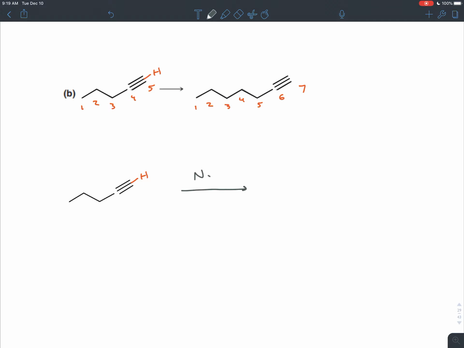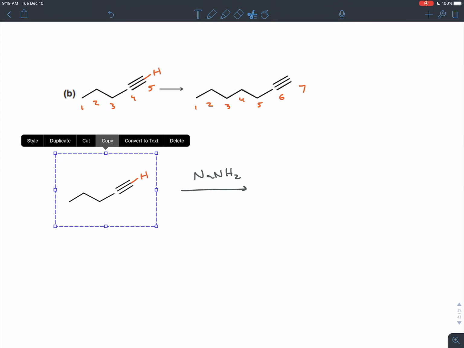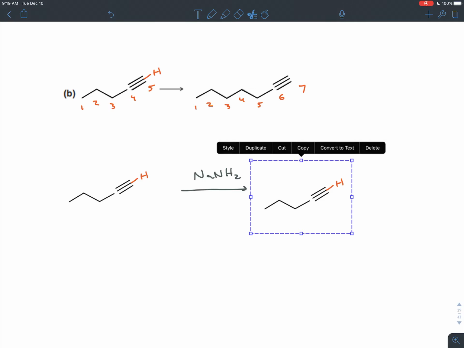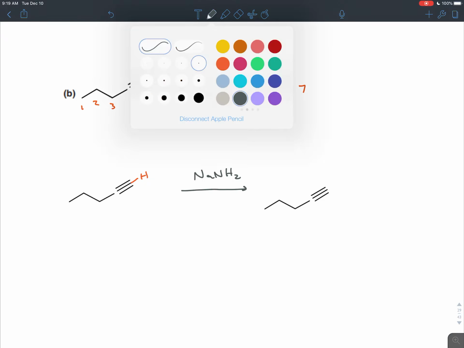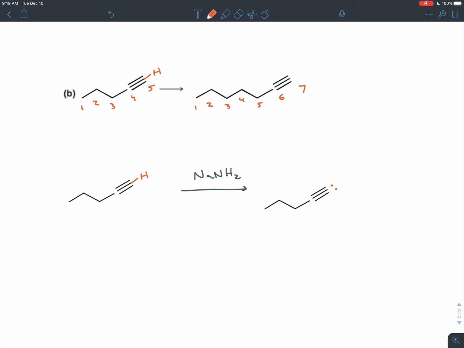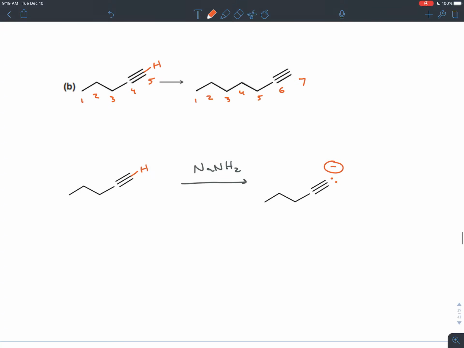If you rip the hydrogen off of that with sodium amide, you create a lone pair there with a full negative charge, and you'd say, okay, well, I've got 1, 2, 3, 4, 5 carbons. I just need the 6 and the 7. So let me add 2 more carbons with a leaving group on them so that I can do an SN2 reaction.